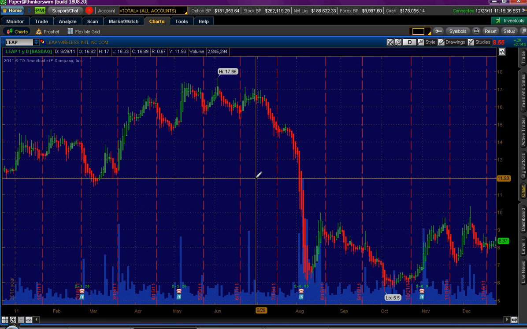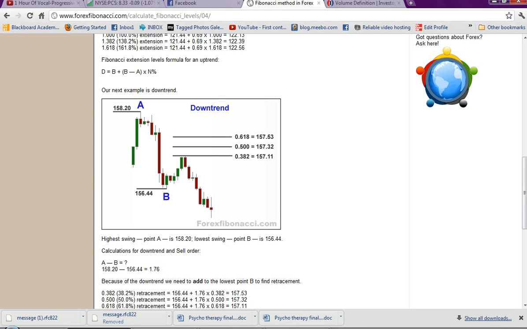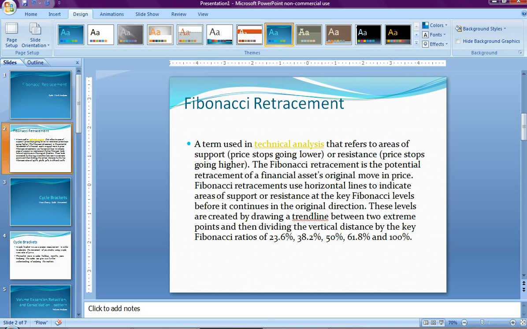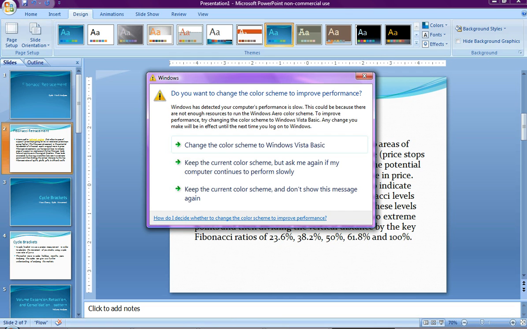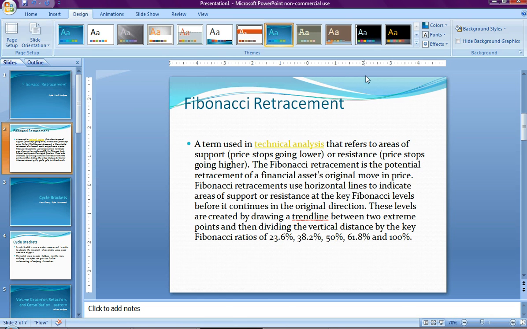The Fibonacci retracements refer to horizontal lines that give you probabilities of support and resistance at specific ratios of 23.6, 38.2, 50, 61.8, and 100.